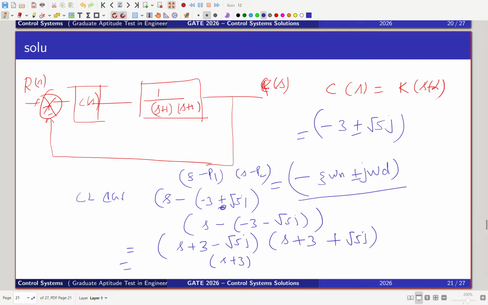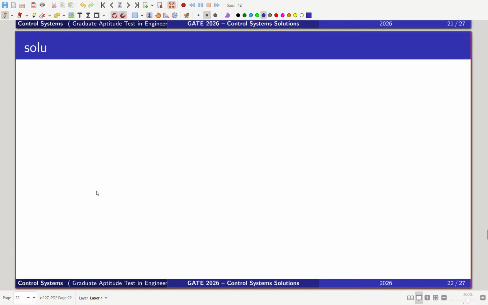This will be s plus 3 whole square minus root 5j whole square. It comes out as s square plus 9 plus 6s plus 5. So basically you get s square plus 6s plus 14. This is the desired characteristic equation of the loop, right?